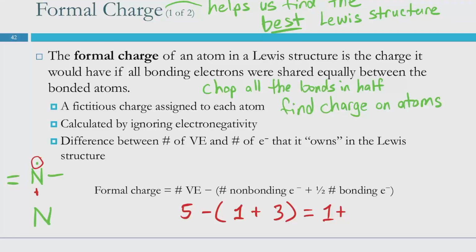You can also do this instead of using this equation, just chop all the bonds in half. So that would turn into dots on the left, dots on the right.